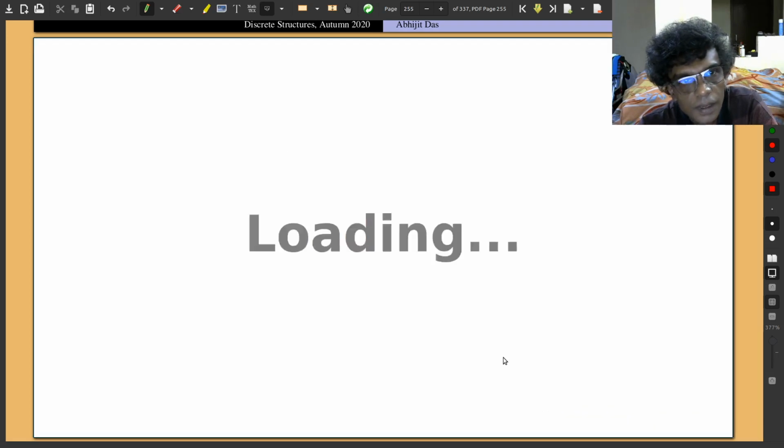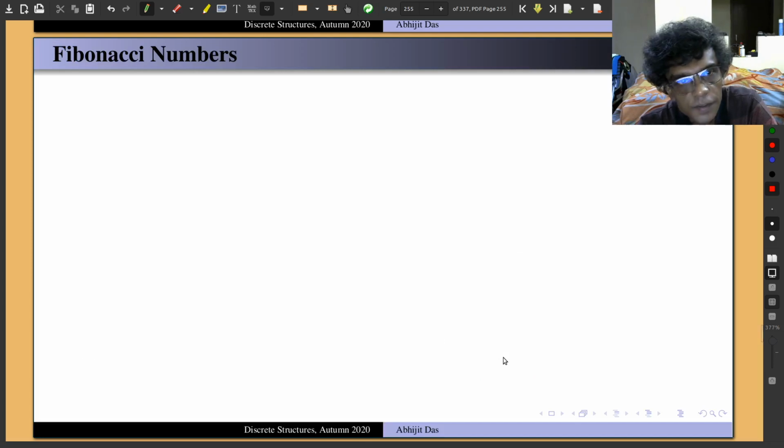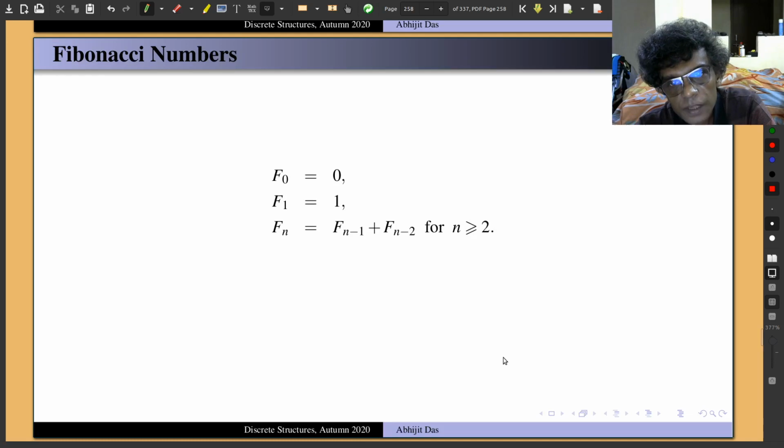First, let us revisit our old friend, Fibonacci numbers. So f0 is 0, f1 is 1, and for n greater than or equal to 2, fn equal to fn minus 1 plus fn minus 2 for all n greater than or equal to 2.